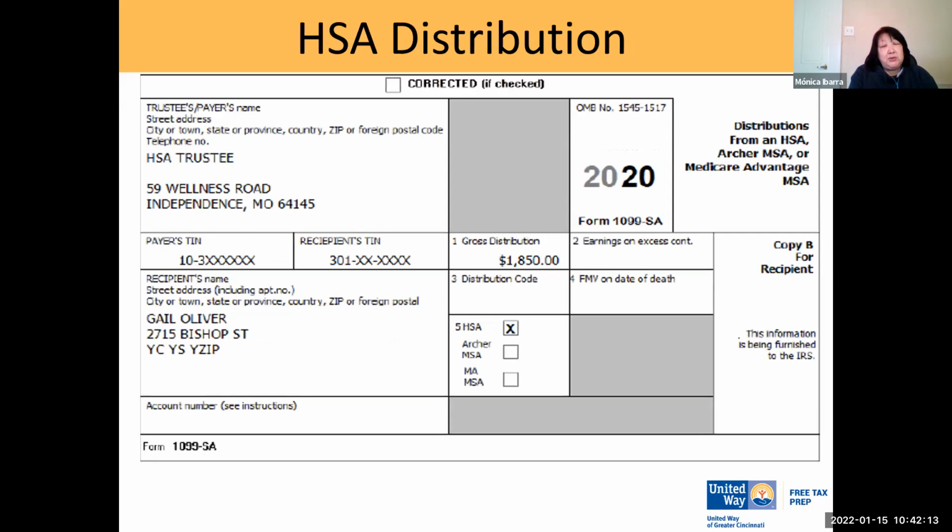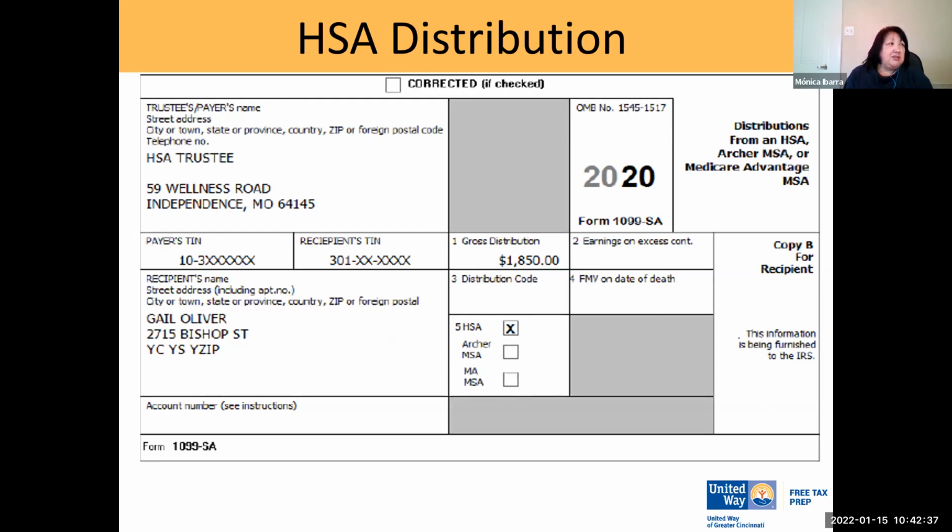This is the distribution. So the amounts that you spent from your health savings account during the year. And you can see here in box 1, it's the distribution, and the contribution should generally be from the same institution. They're managed, they should be from the same institution.